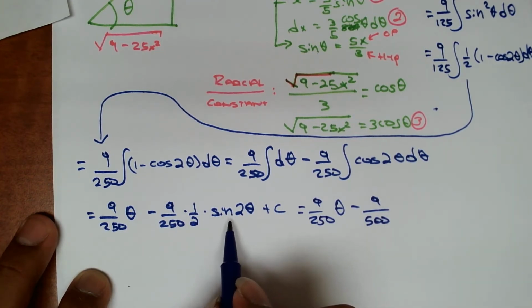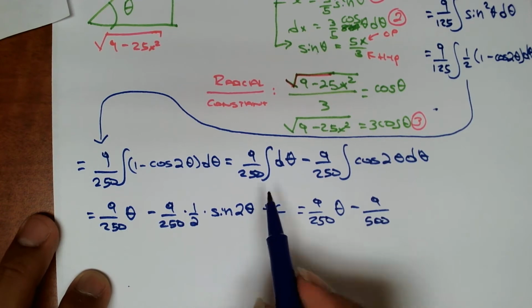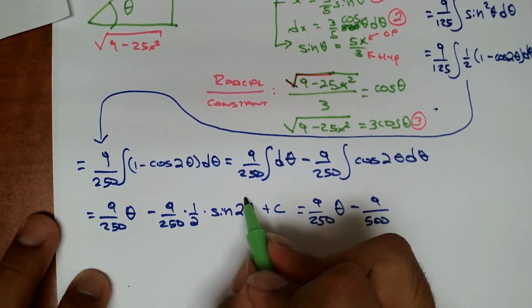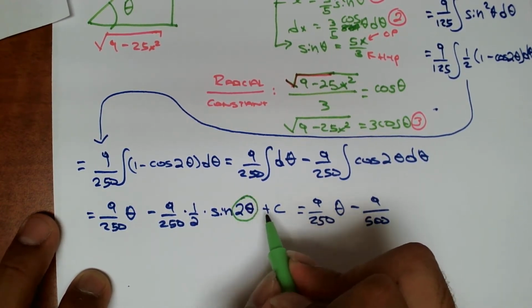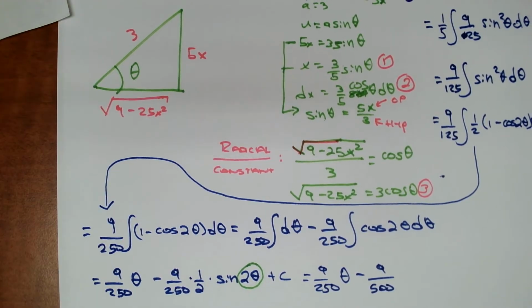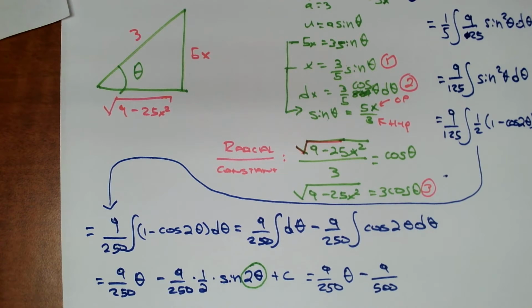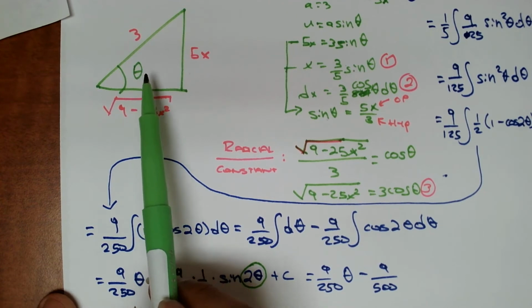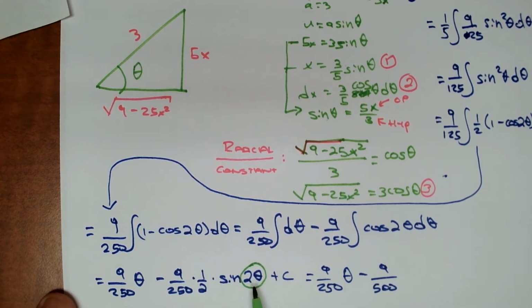And this sine 2 theta, be careful with this sine 2 theta, and I would pay special attention to this: we cannot use this triangle right here to simplify sine theta in terms of x, because this triangle right here is only for theta, not for 2 theta.